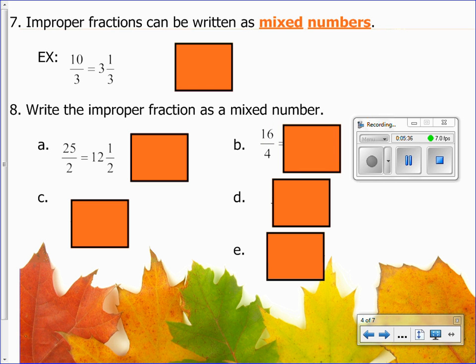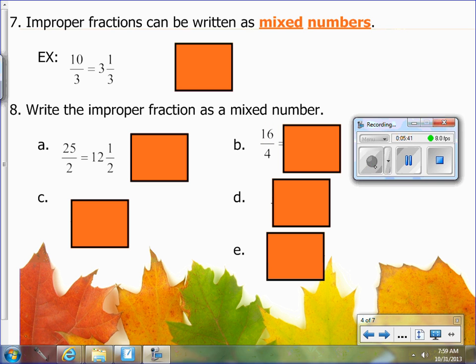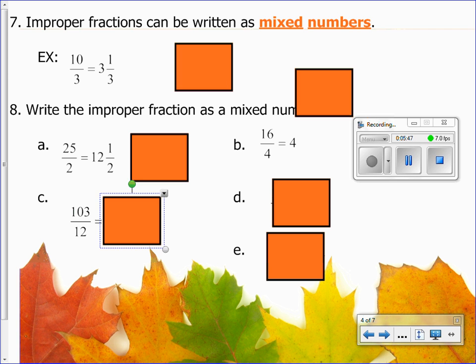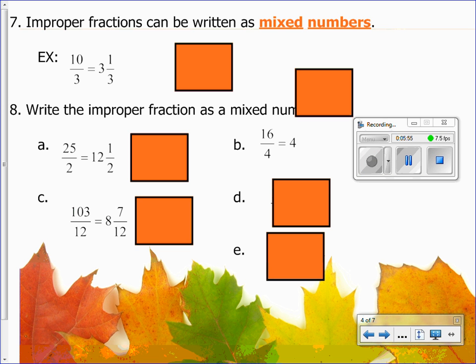Okay, and B, you have 16 fourths. 16 divided by 4, which is 4. And C, we have 103 twelfths. 103 divided by 12. So 12 goes into there 8 whole times with 7 left over.